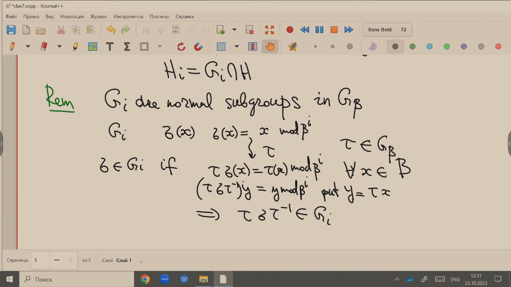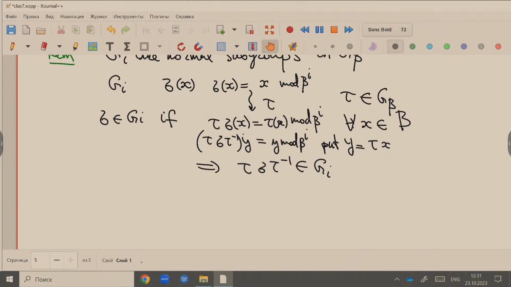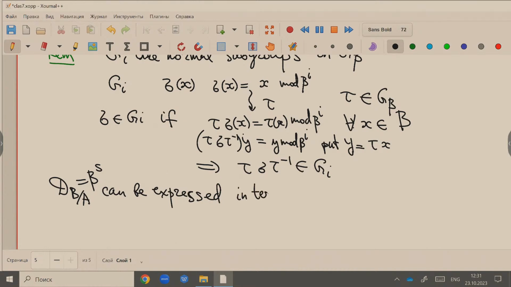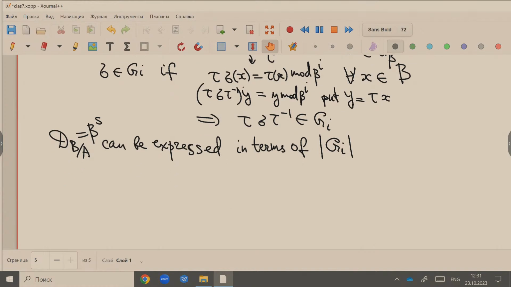This is also why these groups are important, because the different d of beta A can be expressed... I mean the different is just a power of some ideal beta, and it can be expressed in terms of orders of the GIs. And how it is done is just as follows.